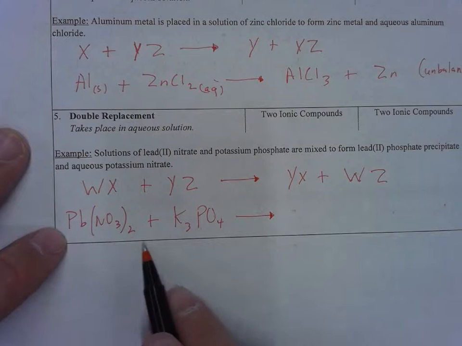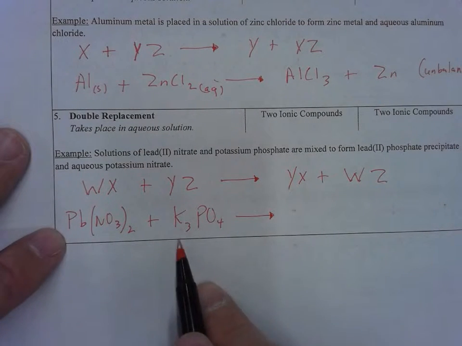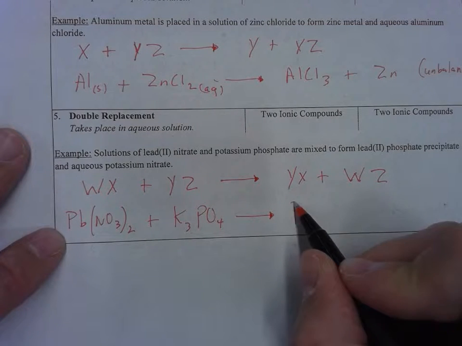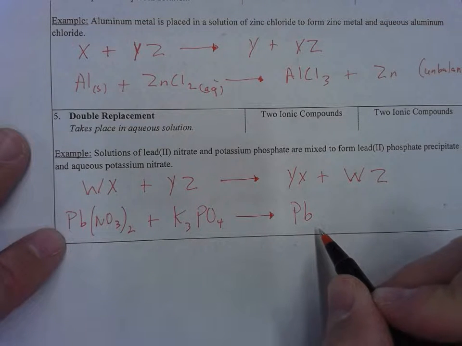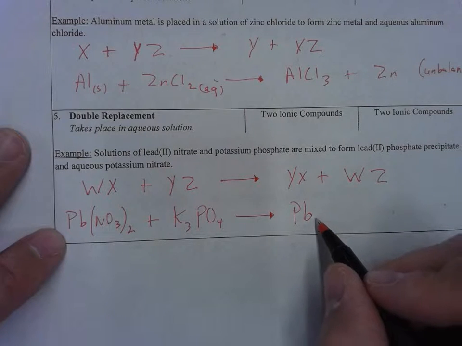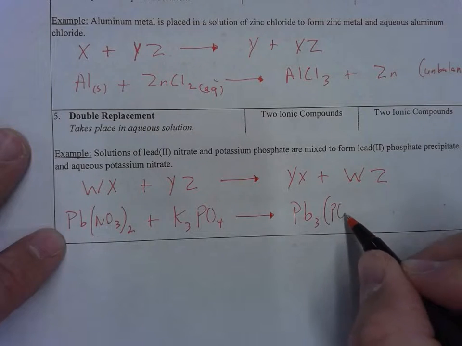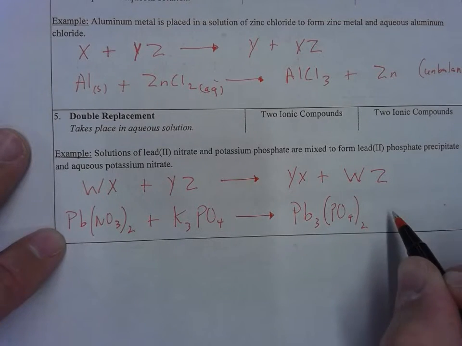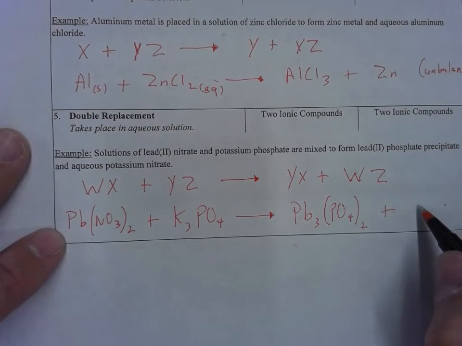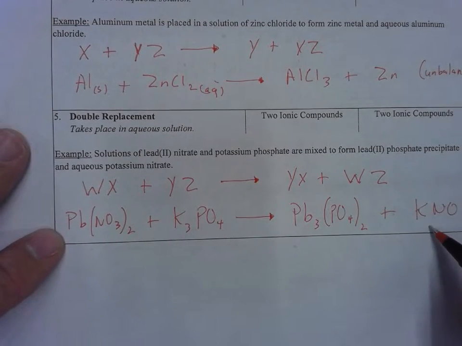This lead and potassium are going to switch places. See that? Lead and potassium will switch places. So you're going to end up with Pb3(PO4)2 plus KNO3, potassium nitrate. And again, you have to write that this is unbalanced.